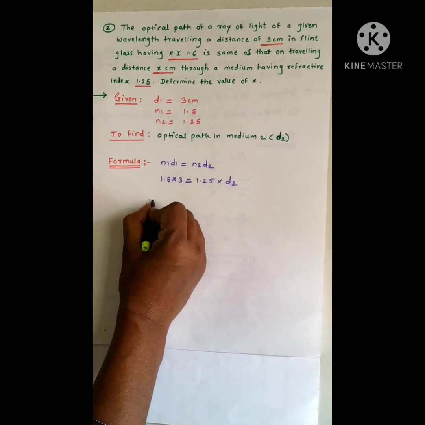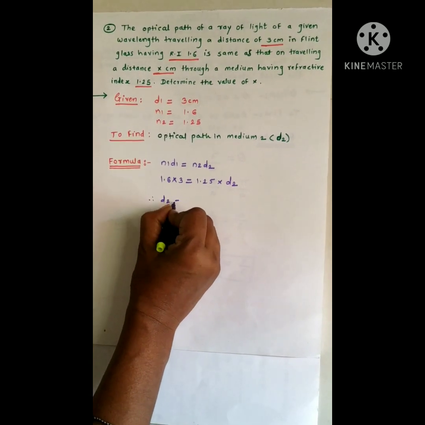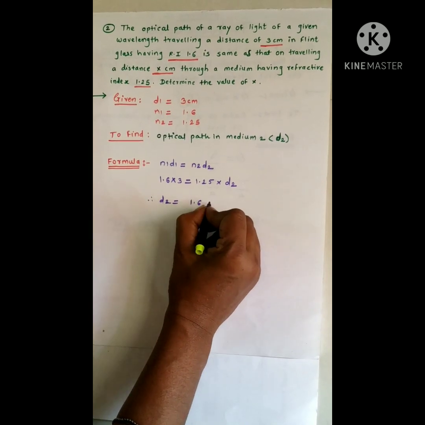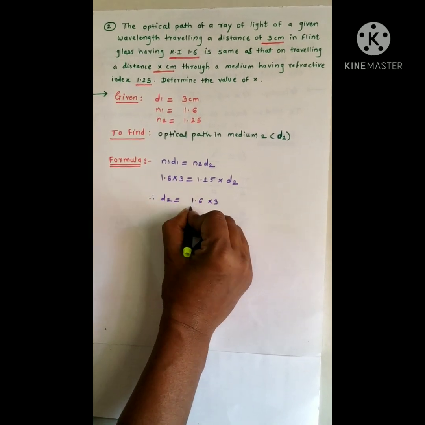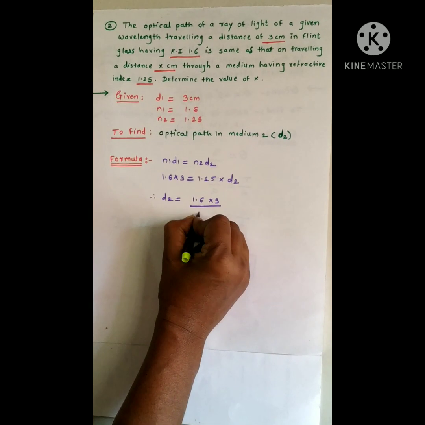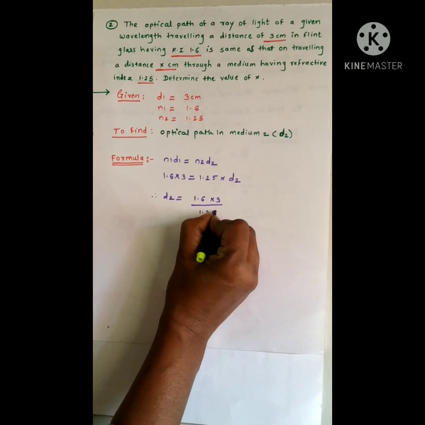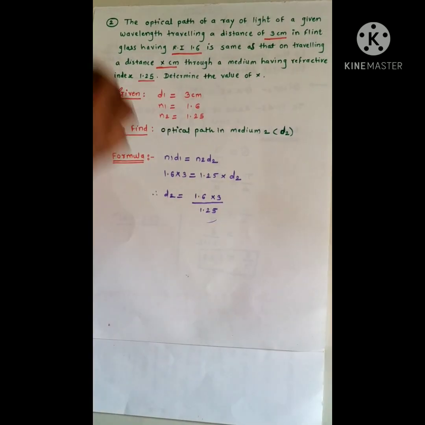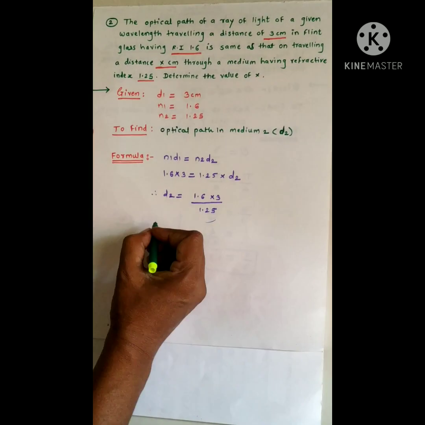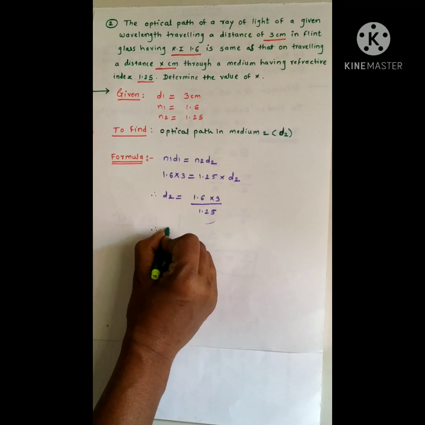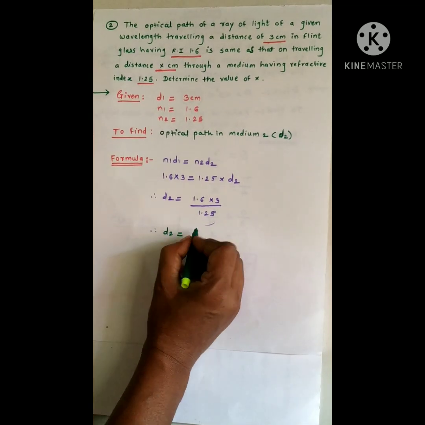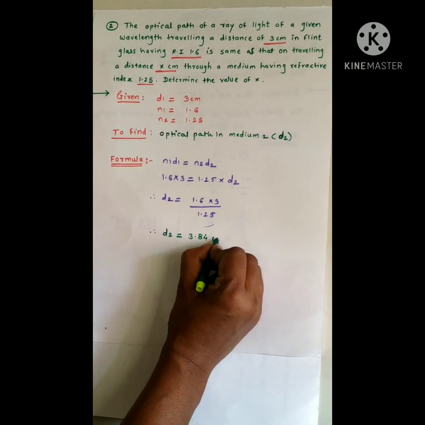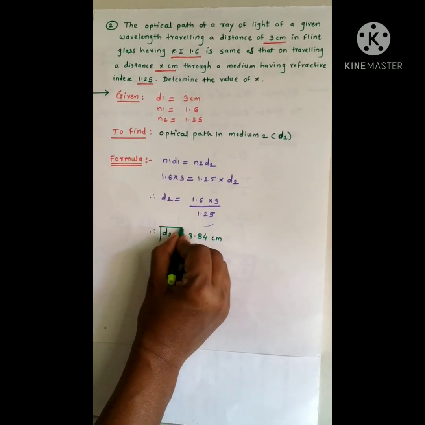Now next line, d2 is equal to 1.6 into 3 upon 1.25. After solving this multiplication and division, we get the last answer: d2 is equal to 3.84 centimeter.